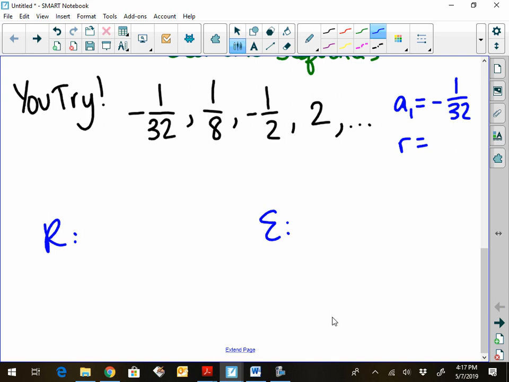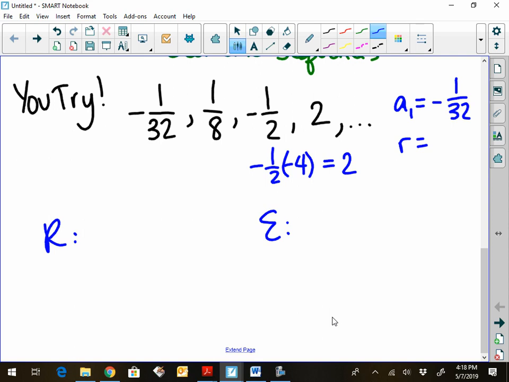Sometimes it might be easier to think about numbers that are easy, right? We know that we're multiplying it by something because it's a geometric, or it appears to be geometric, right? So negative 1/2 times what gives us 2? Well, we would have to have 4 over 2 to get 2. And then we'd have to have a negative out front to get that positive. So let's see if negative 4 works for everything.